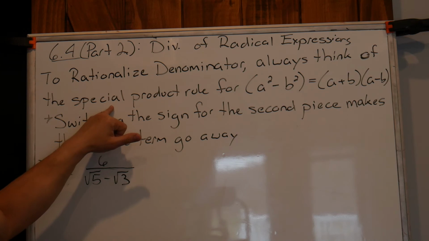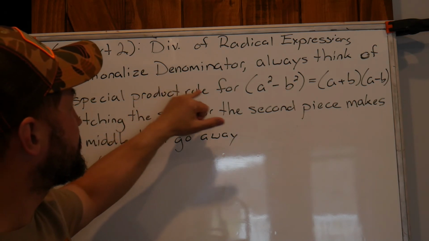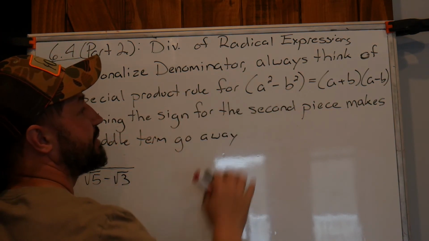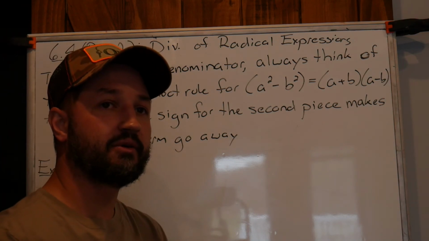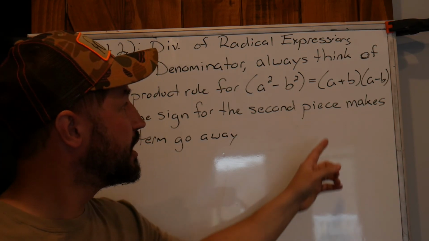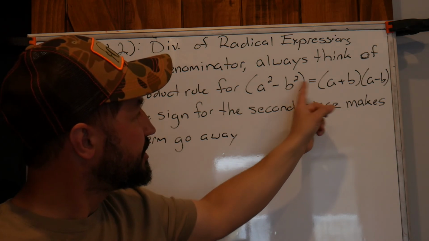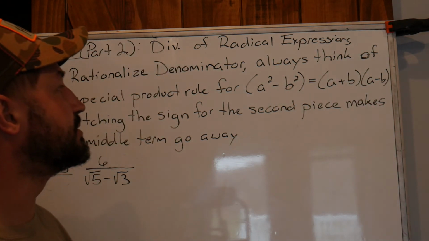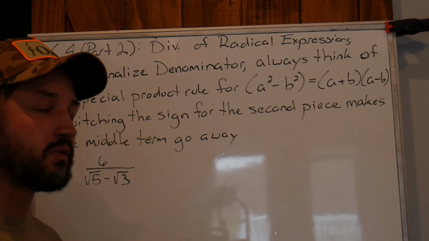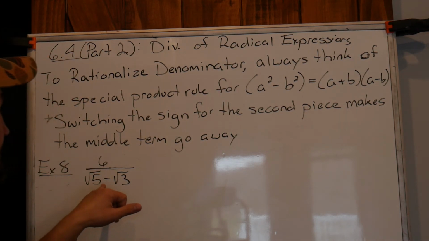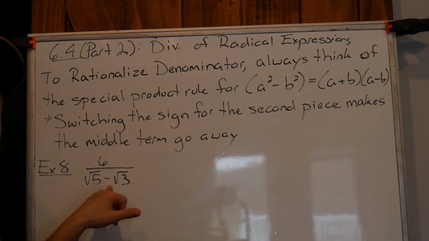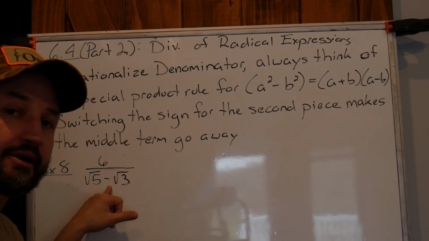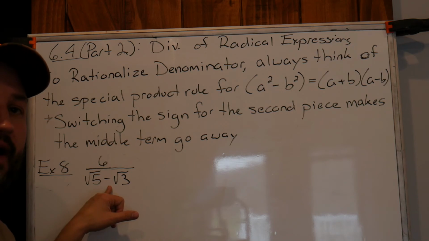The key here is to think back to the special product rule for a perfect square minus a perfect square. When you have a perfect square minus a perfect square, you have the square root plus the square root times the square root minus the square root. That makes the middle term go away. That middle term will be the only term with a radical symbol, but it's going to go away.